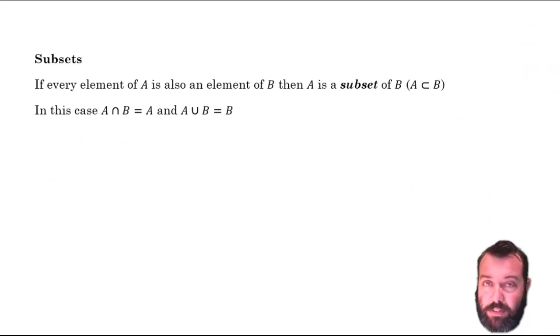Now, subsets of a set, right? A subset means that every element in A can also be found in B, then we say A is a subset of B. Okay, so if I was talking about, for example, even numbers and multiples of 4, then my multiples of 4 are a subset of my even numbers, because all of the multiples of 4 are even numbers.